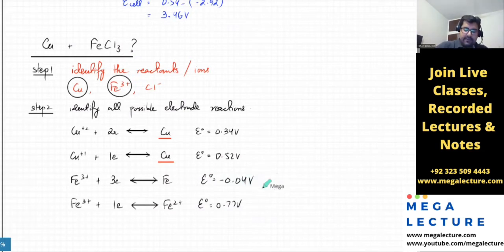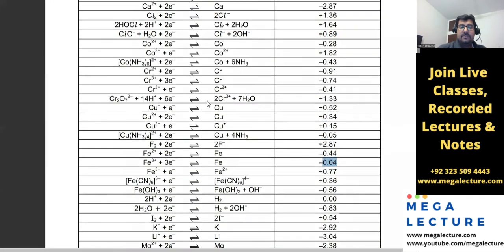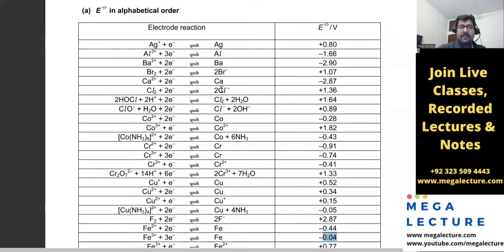And then the last one, we've got Cl minus 1 as well. So I'm going to write down the possibility for Cl minus 1. What could happen to it? If I go back and have a look, Cl minus 1 is somewhere over here. That's this one. We've got Cl minus 1, and that's 1.36 volts in equilibrium with Cl2.